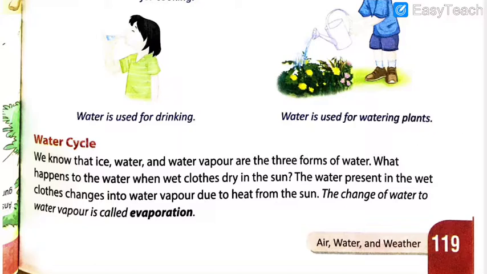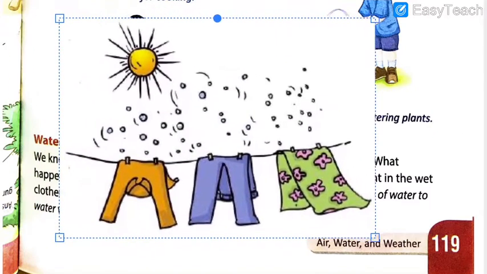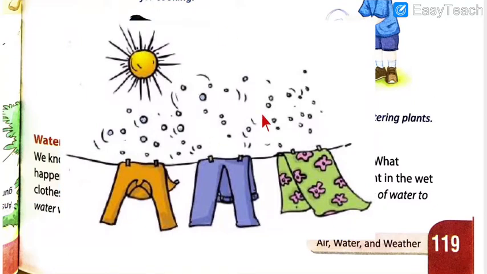What happens to the water when wet clothes dry in the sun? Is there any magic happening? Your mom or the maid at your house washes the clothes and dips them inside a bucket of water, and within 2 to 3 hours the clothes become dry and you can wear them easily. Why so? Now you will say, sir, because of sunlight.